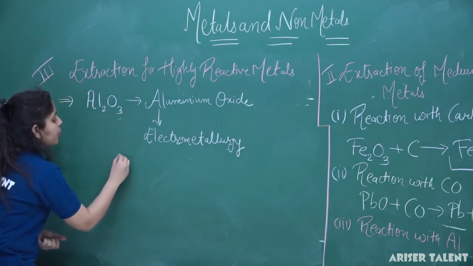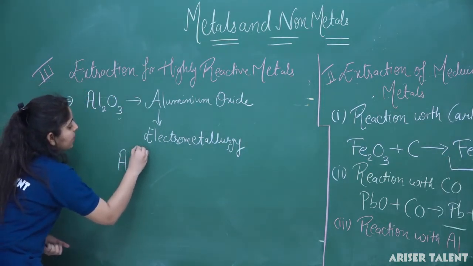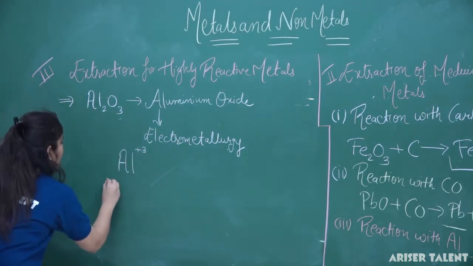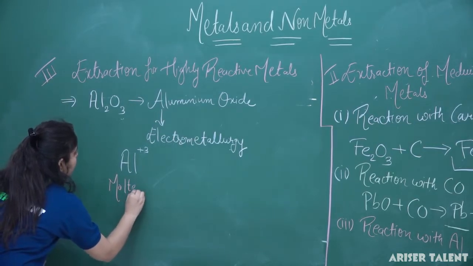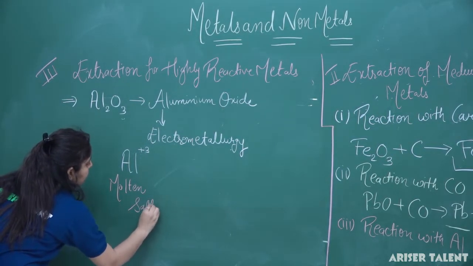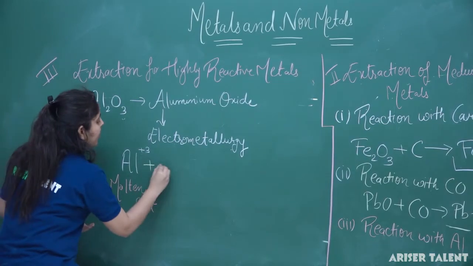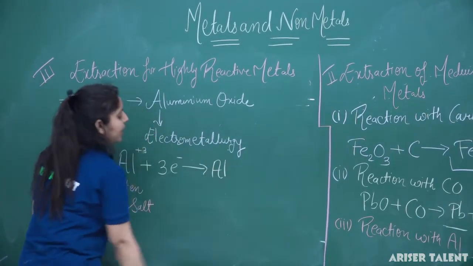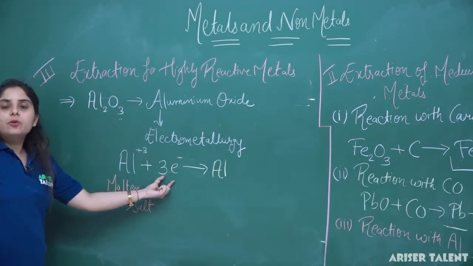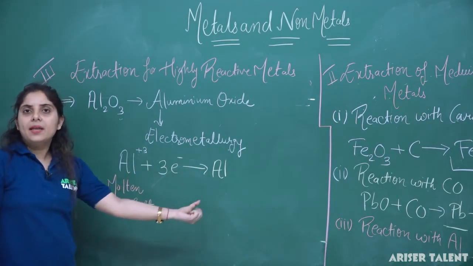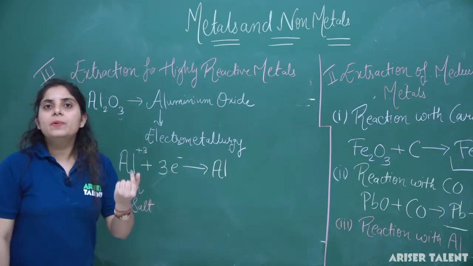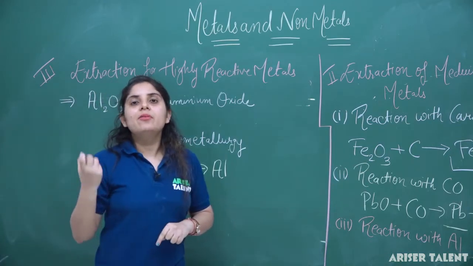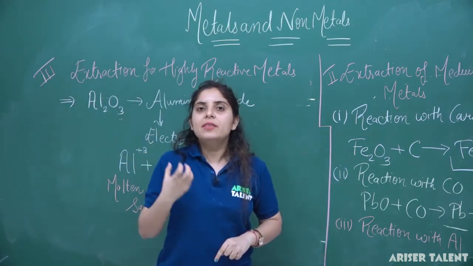So what we are going to do is, we are taking Al3+. This is obtained from the molten salt. Now we are adding 3 electrons to it to get Al. So this aluminium that we are obtaining is always obtained at the cathode of the system, because the cathode is negatively charged and the metal ions are attracted to the negative part.